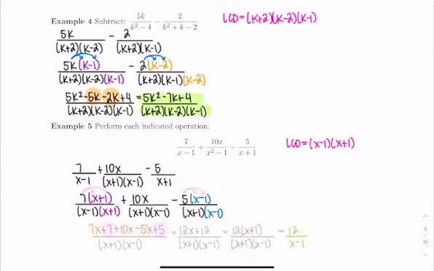And so what we have to do is distribute the 7, and distribute the negative 5, and we can put this all on one fraction. So we have 7x plus 7 plus 10x minus 5x plus 5. And this is all over x plus 1 and x minus 1.